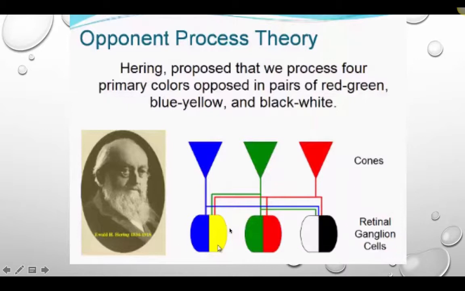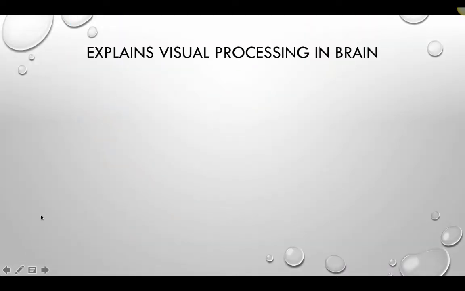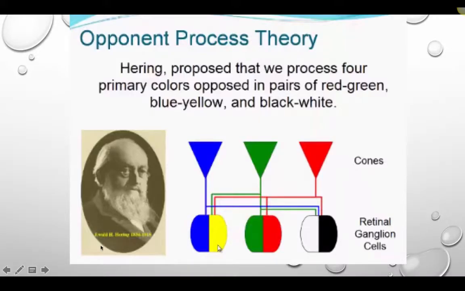Well, then the yellow would shut off. The yellow would be turned off or inhibited, and blue would take up this whole space. But if more red and green were coming into this opponent pair, yellow would take over and blue would be inhibited. Okay? Same with the red-green pair or the black and white pair.